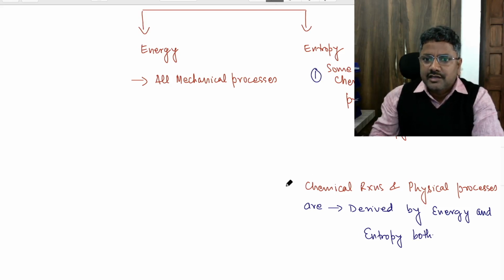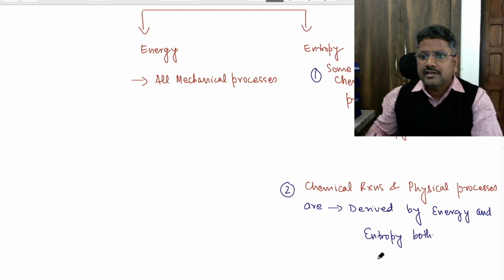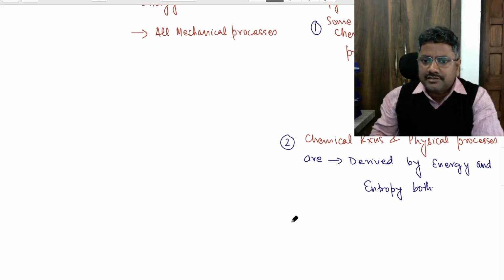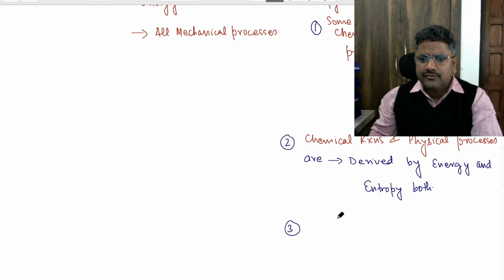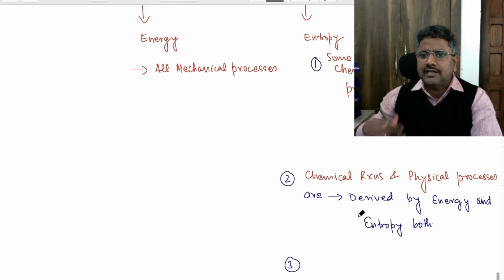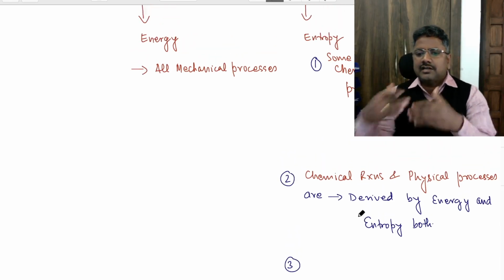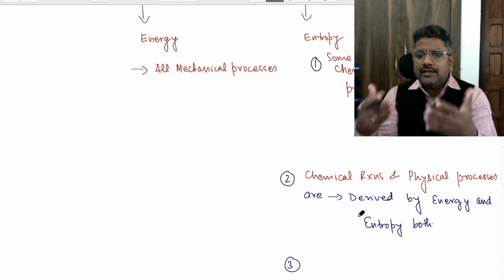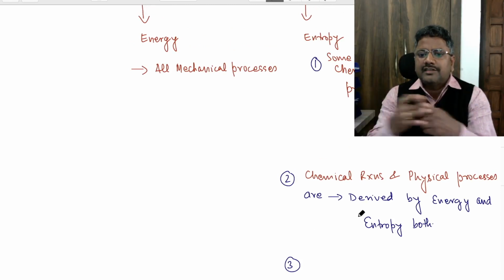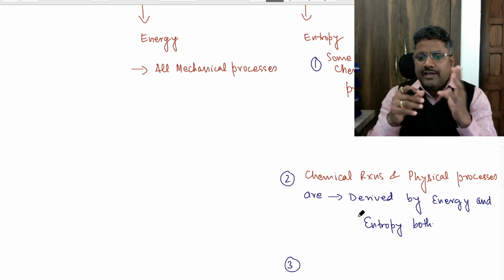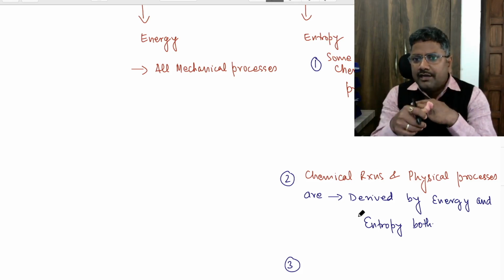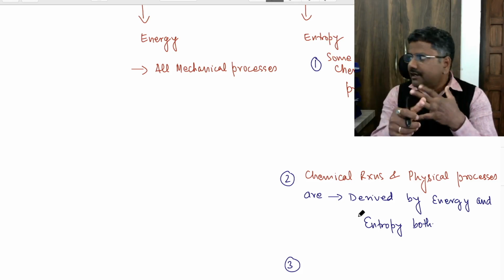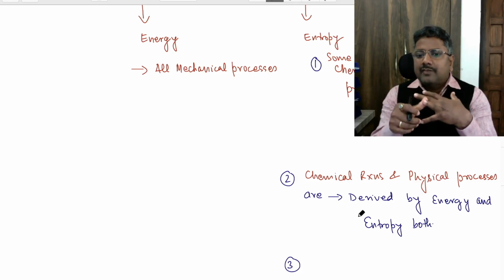So we have this first set, this is the second set, and the third set. We have certain chemical reactions and physical processes which can be explained solely on the basis of energy. So we have three categories of processes and chemical reactions. One, solely entropy driven. Second, energy and entropy both are important and both can be used to explain those reactions and physical processes.